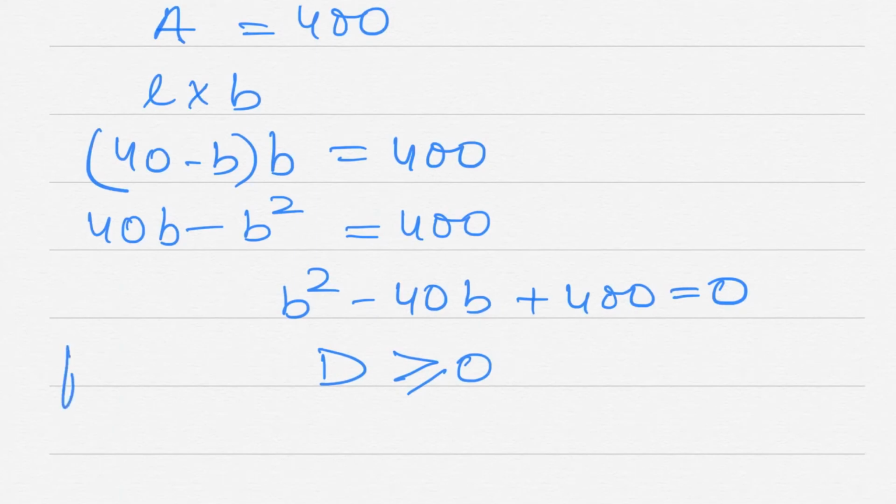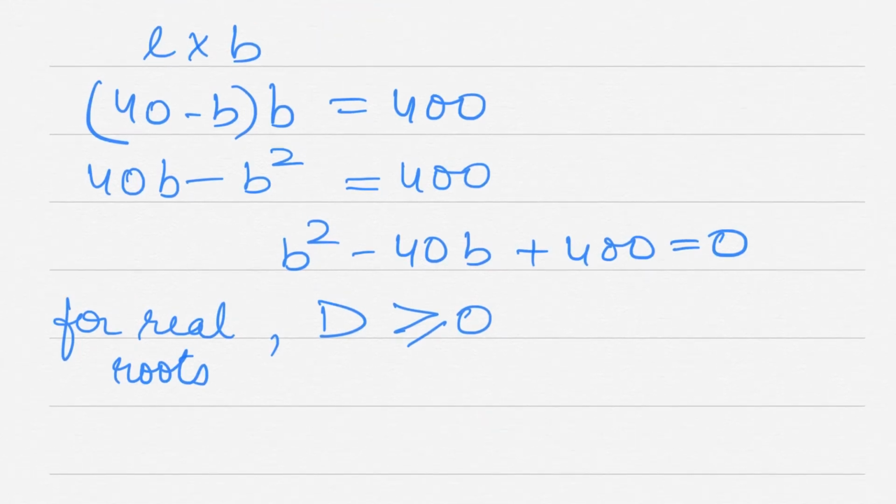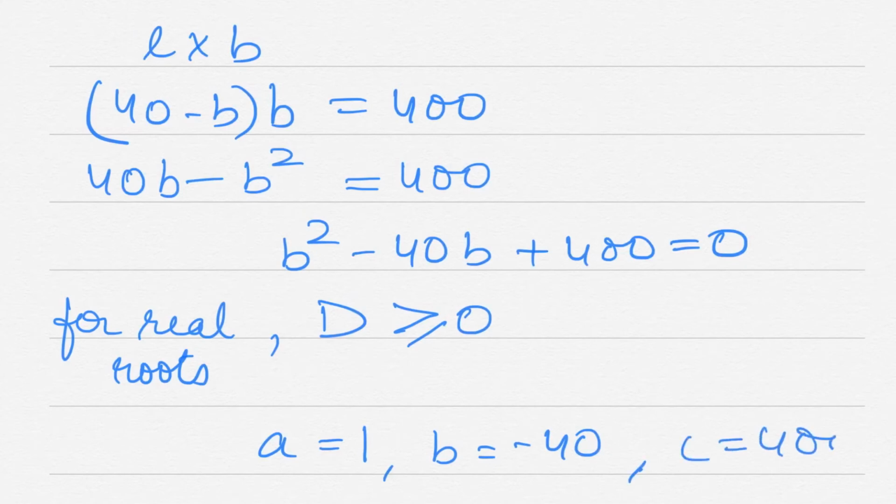For real roots, the discriminant has to be greater than or equal to 0. In this equation a is 1, b is equal to minus 40 and c is equal to 400.